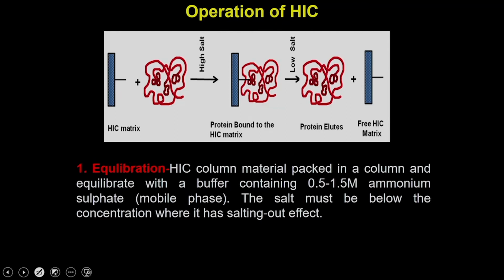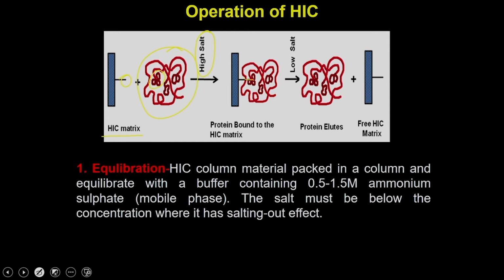So, this is what you have to do. You have a HIC matrix where you have functional groups, and then you have a protein. What you do is first maintain the high salt concentration. Once you maintain the high salt concentration, the protein hydrophobic groups are going to be exposed, and as a result it will bind to the matrix.